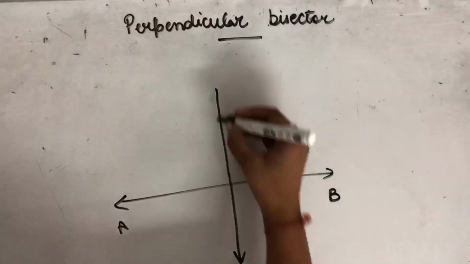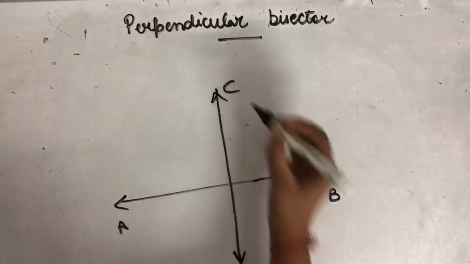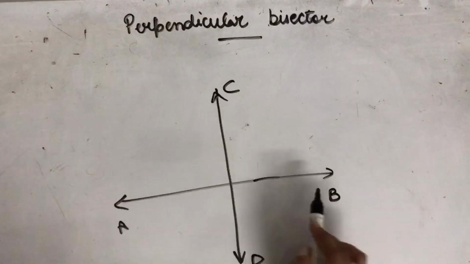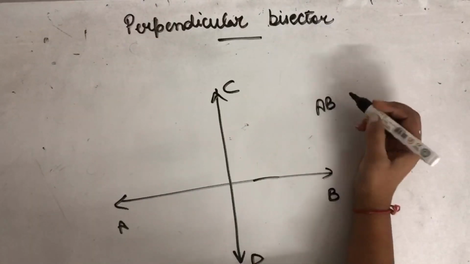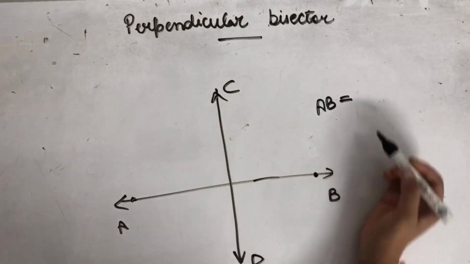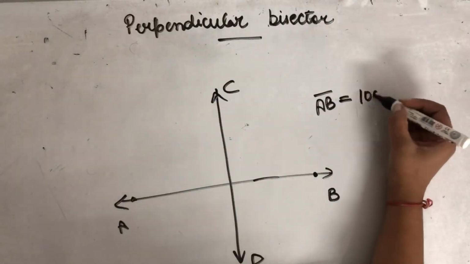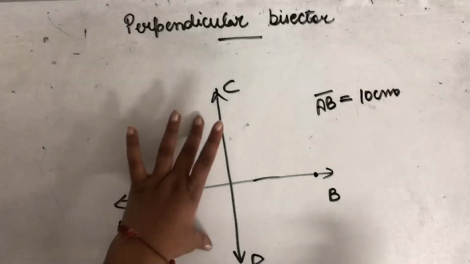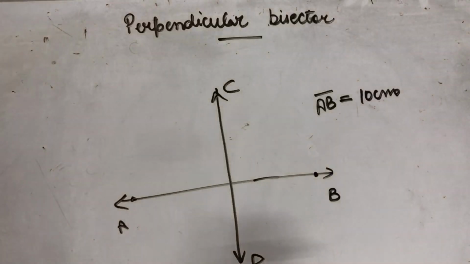and this is a line CD. Let's say this line segment AB is of length 10 centimeter and this line CD bisected this AB. Bisected means dividing into two equal parts.